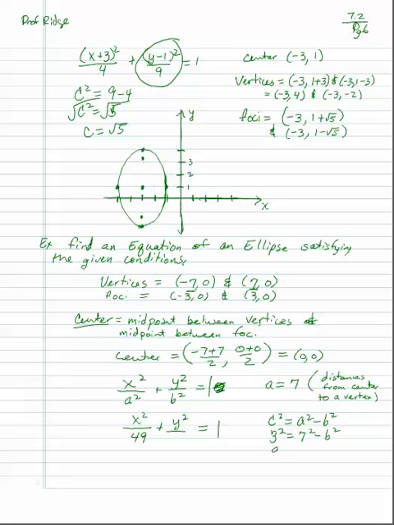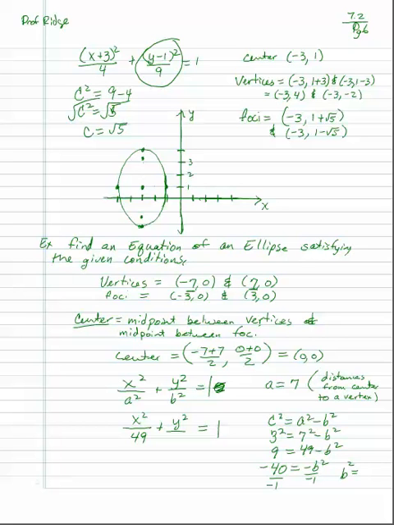Now we just solve that. 9 equals 49 minus B squared. We're going to subtract 49, so negative 40 equals negative B squared, divide by -1. Now the idea is we're just looking for B squared. We don't necessarily need to know what B is. I mean, you could.